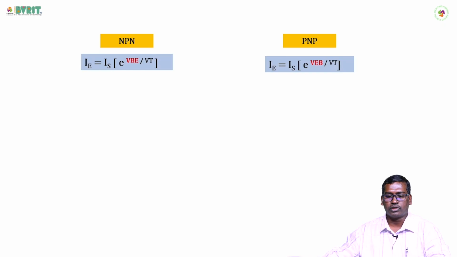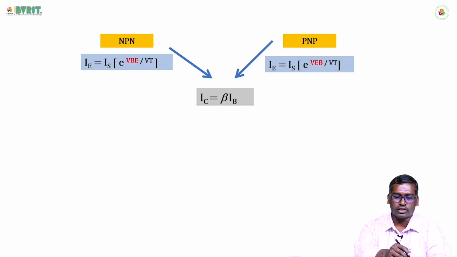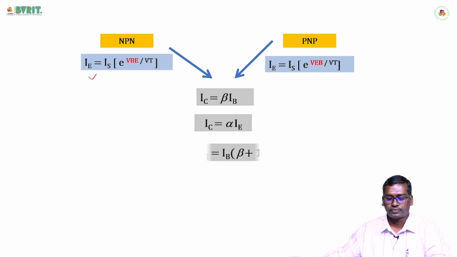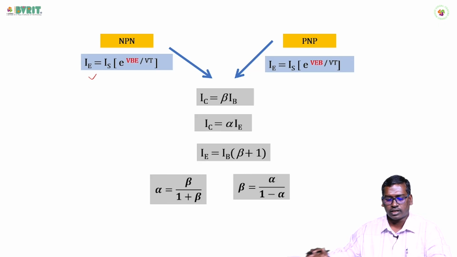If you see the simple relation comparison for the NPN and the PNP transistor, emitter current is equal to, right, both the currents you can see that IC is equal to beta times of IB, IC is equal to alpha times of IE, whereas IE is equal to IB times of beta plus 1, and alpha can be represented as beta by 1 plus beta, whereas beta can be rewritten as alpha by 1 minus alpha.